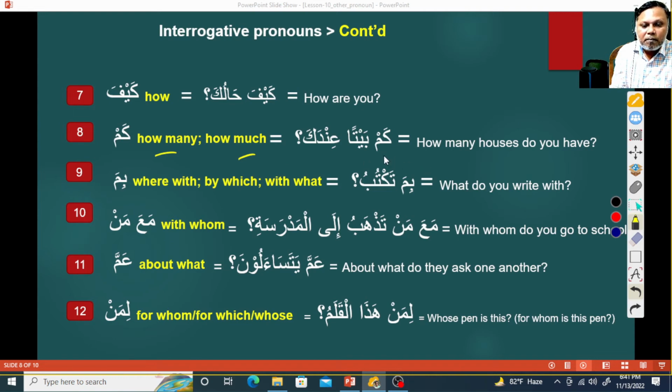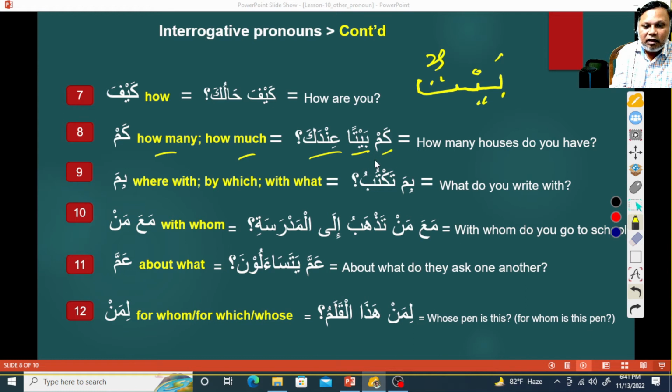Like kam baitan indika. Kam baitan indika. Indika means you have. And baitan comes from baitun. From baitun it becomes baitan. Like before it was baitun, with ba, ya, sukun, and here it was a dhamma.